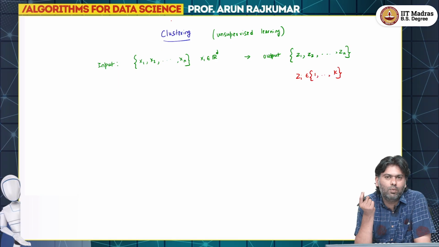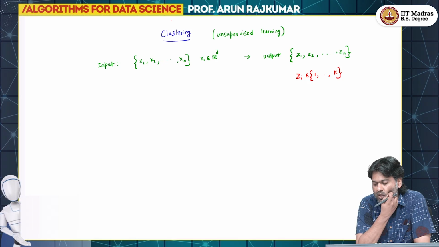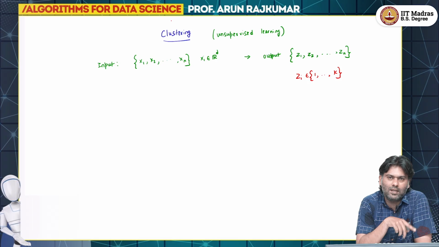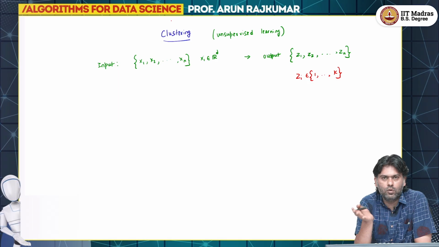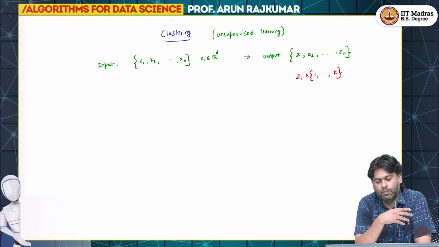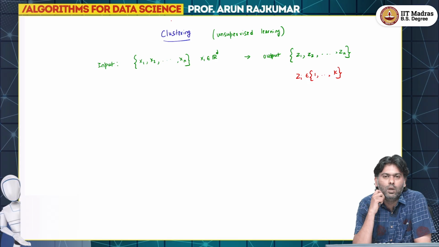That is, it's a discrete variable which takes values between 1 to k, which just says which cluster xi went to. So if zi is 5, then that means that xi goes to the 5th cluster.